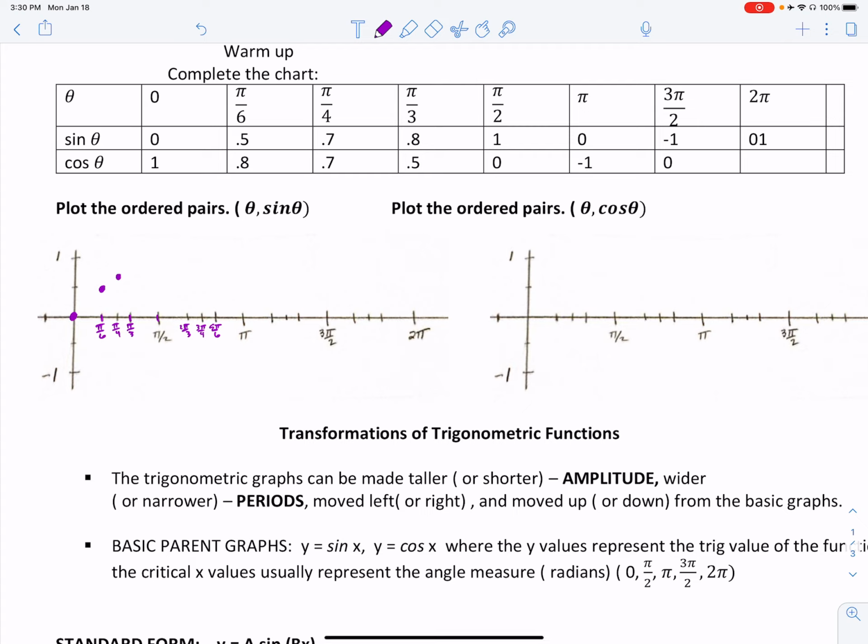And then at pi/3, it's about 0.87. So it's starting to get closer to 0.9. And at pi/2, it's up at 1. So keep on plotting those points through to 2pi.